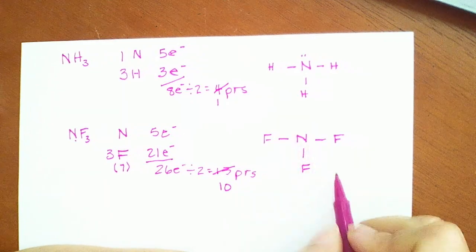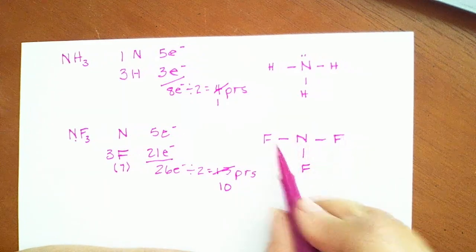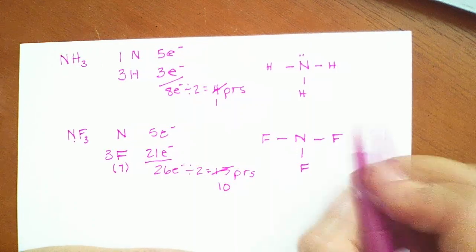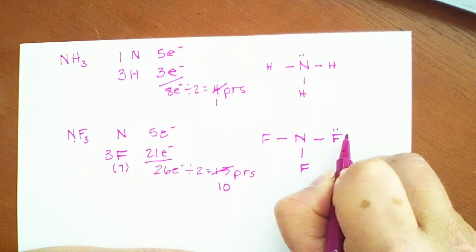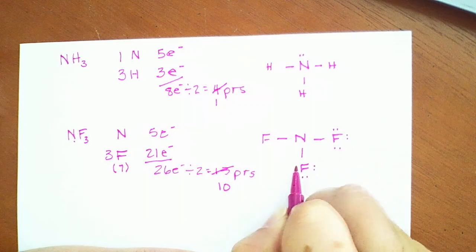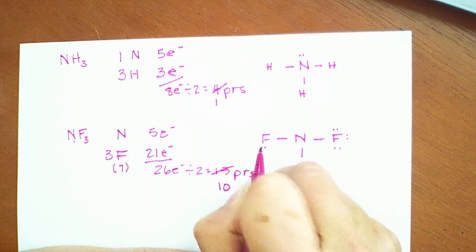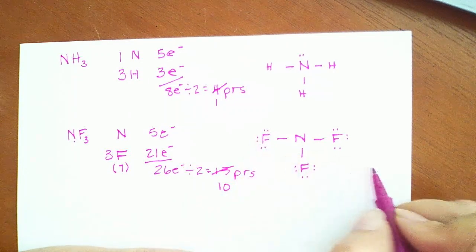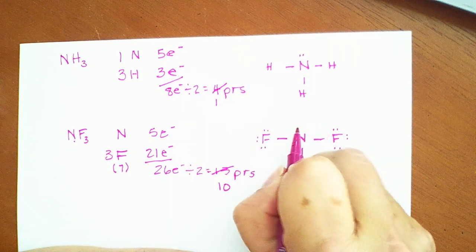All right, so now I look and I see each fluorine only has access to 2, and it needs access to 8. So I'm going to go 1, 2, 3, 4, 5, 6, 7, 8, 9, and then nitrogen only has access to 6, 10.